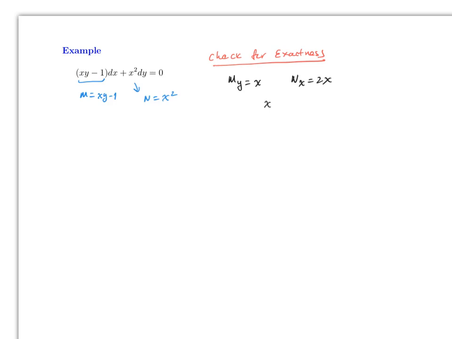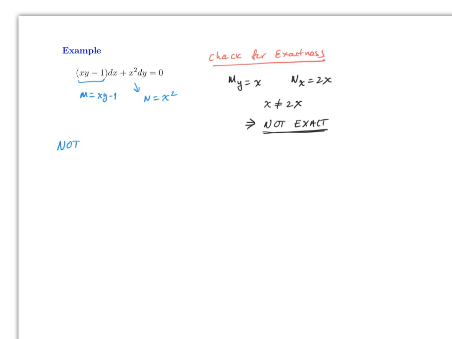So clearly x is not equal to 2x, unless you are a politician or something. So clearly this is not the case, which implies that the equation is not exact. But remember, you still have hope, and the hope is this.